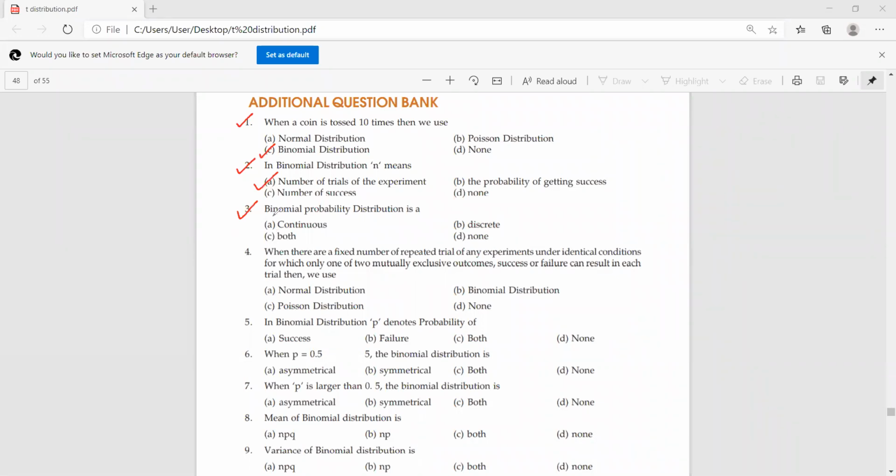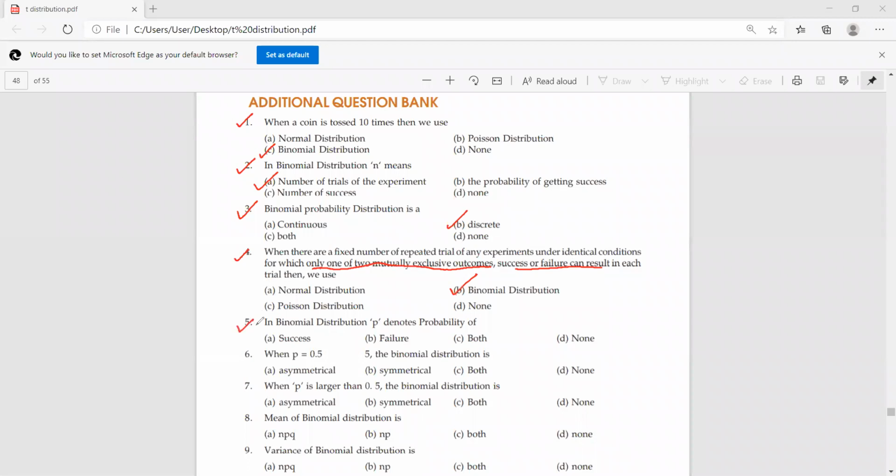Binomial distribution is which type of distribution? Discrete. Fourth: when there is a fixed number of repeated trials of an experiment under identical conditions, of which only one of two mutually exclusive outcomes, success or failure, can result in each trial, it is called the binomial distribution.